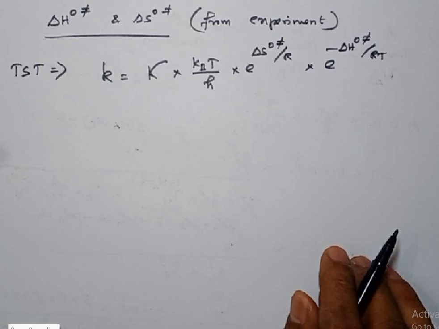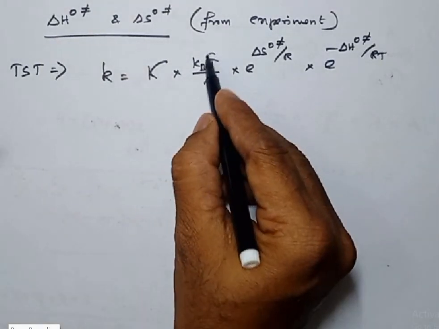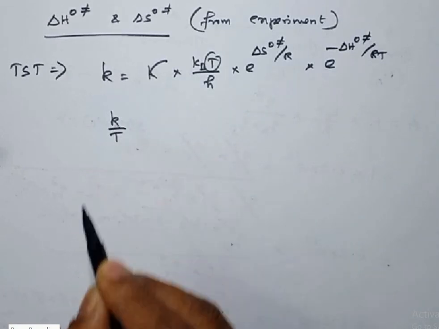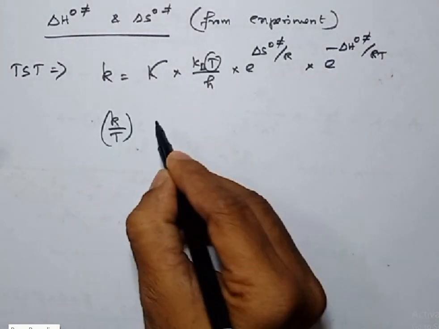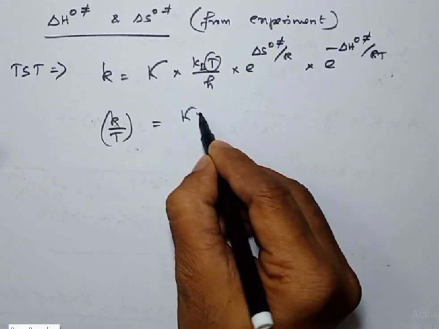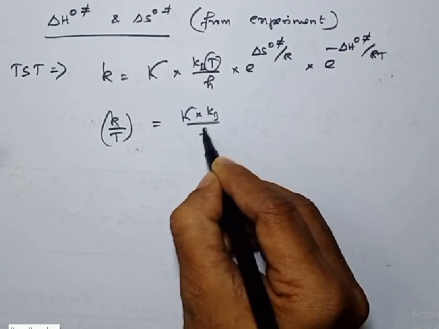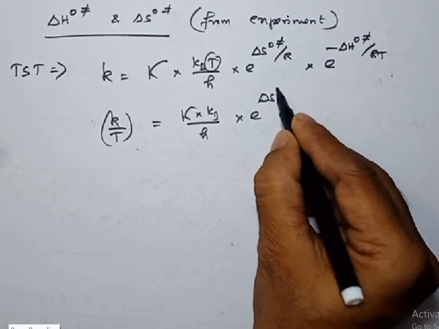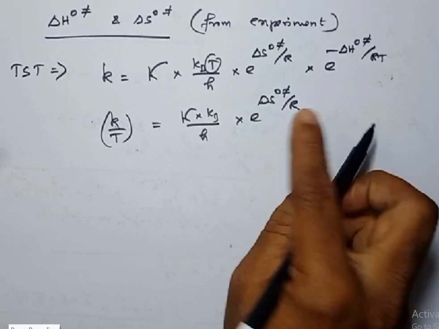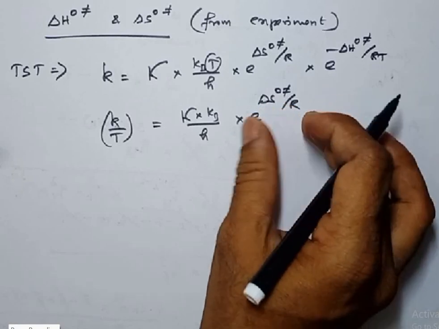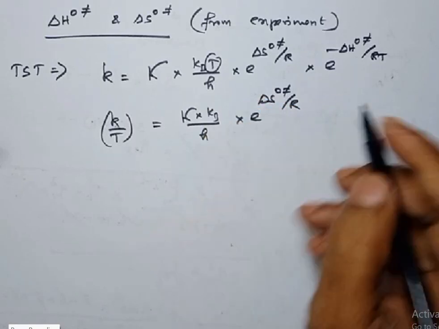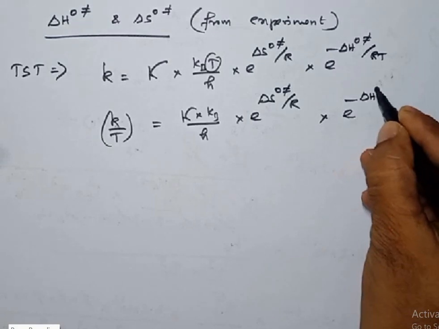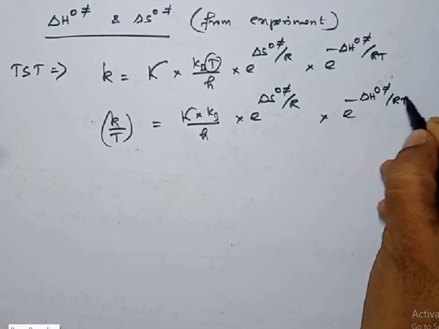Now I'll bring the temperature to the left-hand side, so I get k by T equals kappa kB by h, these are all constants, into e power delta S naught double dagger by R. This is also a temperature-independent term, there is no temperature here, and I have one temperature term, e power minus delta H naught double dagger by RT.